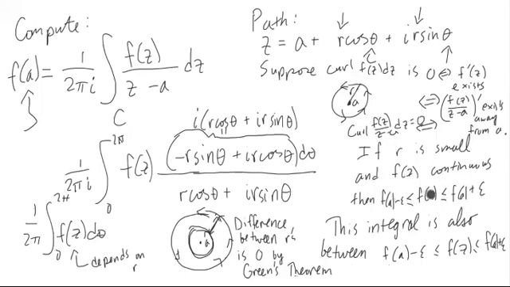So your output f of z on your path as you're going around is going to be between f of a minus epsilon and f of a plus epsilon if our input's fairly close to a. So this integral in particular is going to be less than or equal to just integrating the bigger constant, and greater than or equal to the smaller constant integrated.